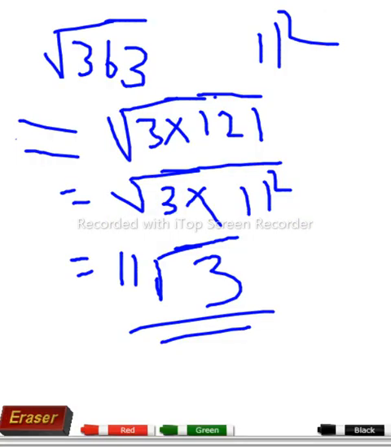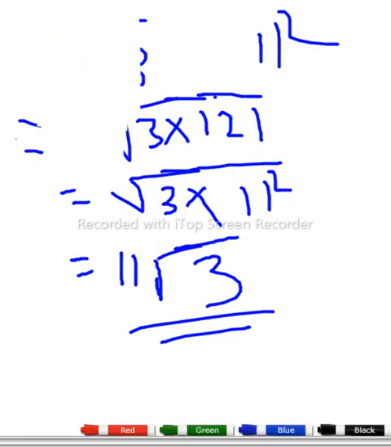We have to simplify this 5 and the cube root of 512. So let us rewrite this question. We have 3 cube root of 512.